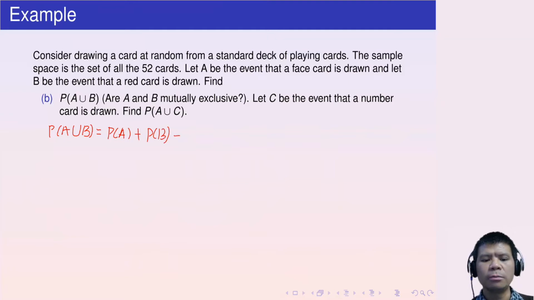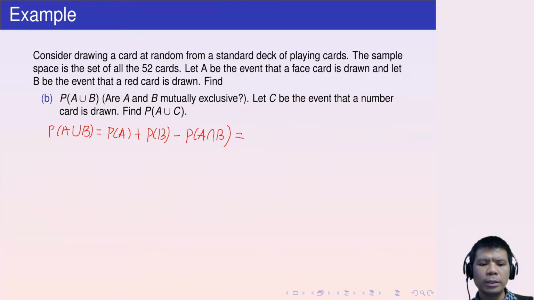Be careful, minus the probability of their intersection. Now, the probability of A, as we know, is the face card. In total, there are 12 face cards among 52. Plus B is a red card. That's 26 out of 52.